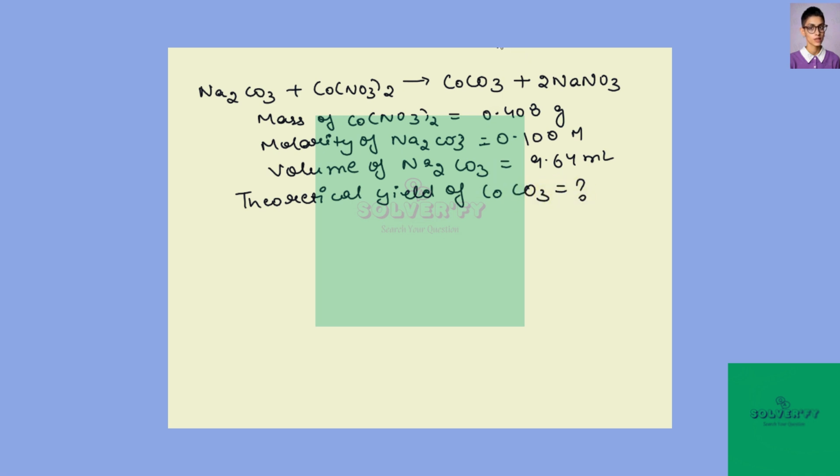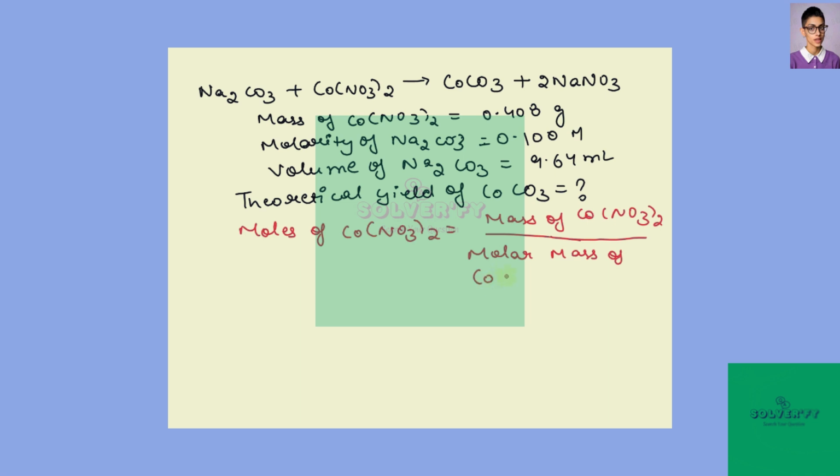So now firstly we have to find out the moles here. So firstly the moles of the cobalt nitrate is equal to its mass divided by its molar mass. So mass of the Co(NO3)2, then divided by its molar mass. So now by substituting the values in this formula we get the moles.